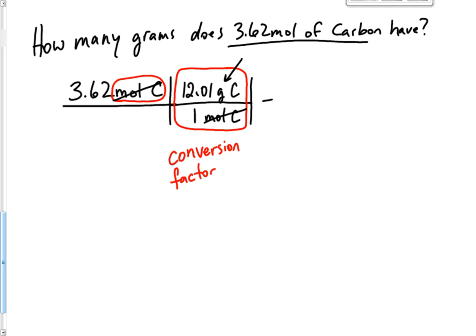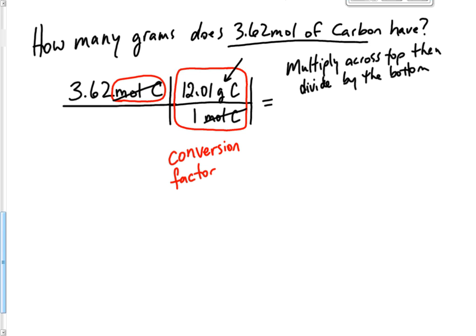So we're going to multiply across the top, and then divide by the bottom.